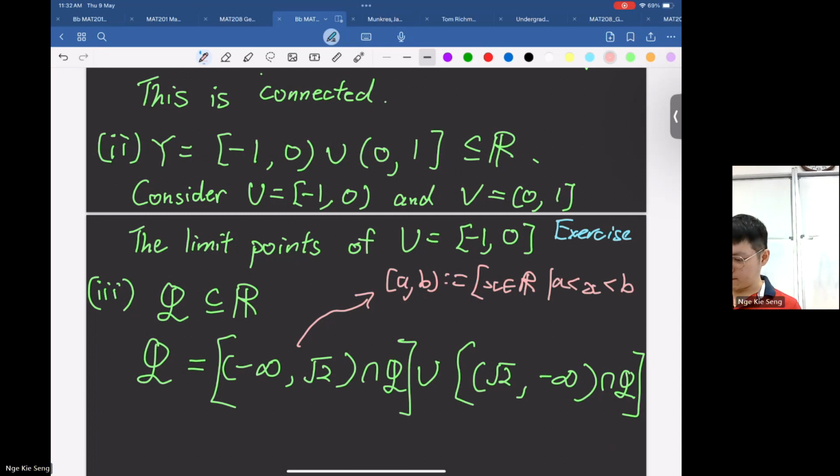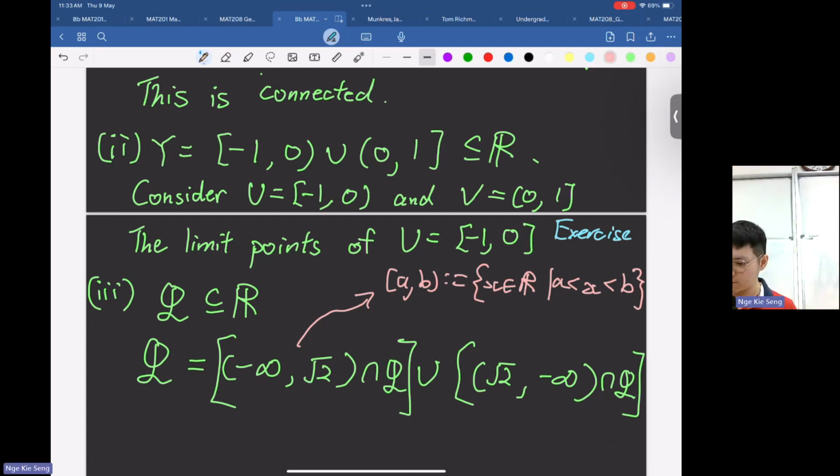So we don't include irrationals. This open interval is open in R. If you intersect with the subspace, you get something open in the subspace. So you have a union of two open sets inside the subspace, and they are disjoint, and they are non-empty.